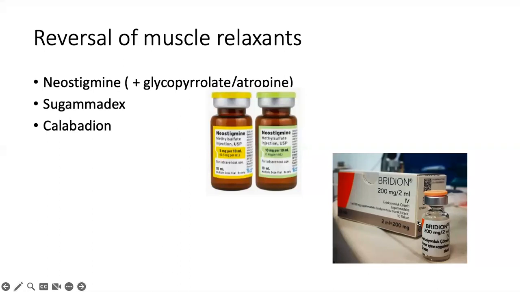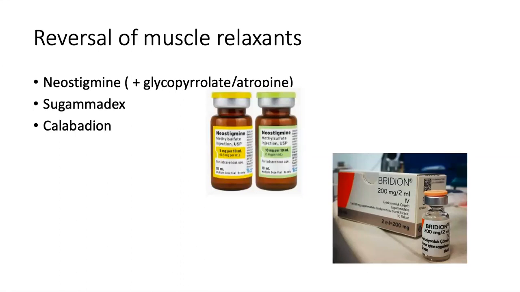So if you needed 4 milligrams per kg, that is 70 times 4, which is 280, which means you may need more than 2 vials, because the Bridion is about 200 milligrams in 1 vial.